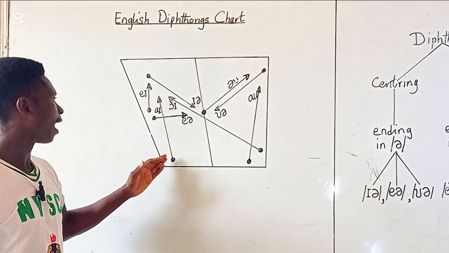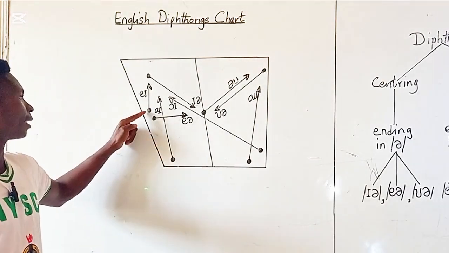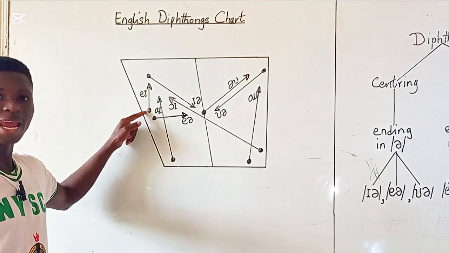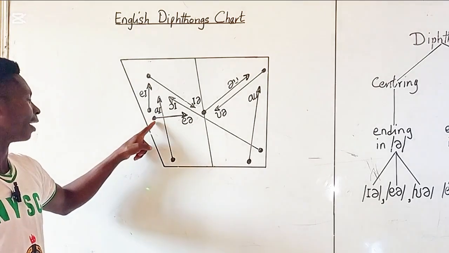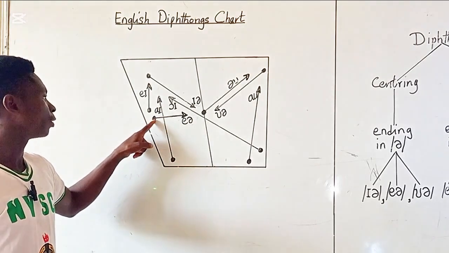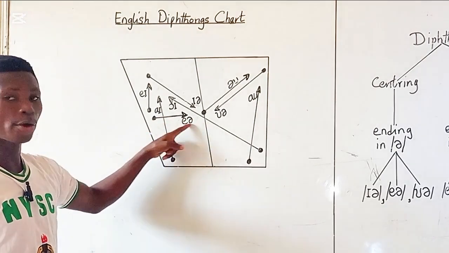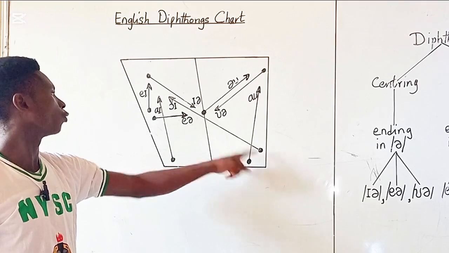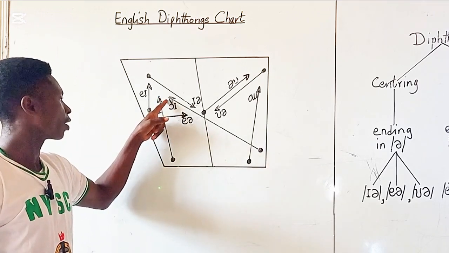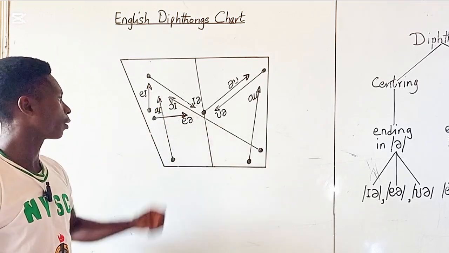That's how we have I. And here the sound glides from A to E. So we have A. Here it glides from A to I. So we have I. Here it glides from O to I. Hence we have oi.